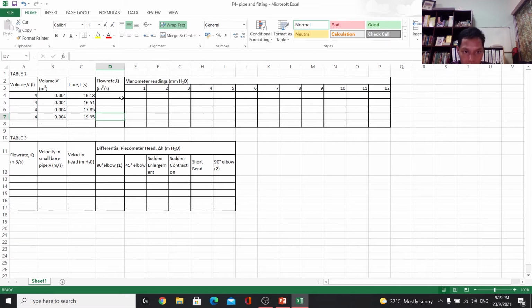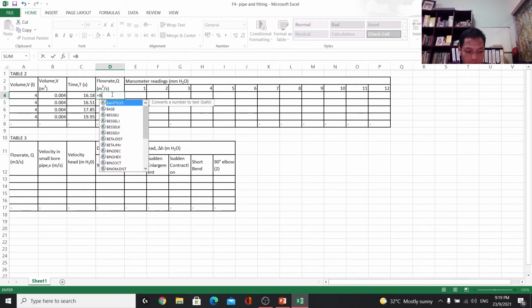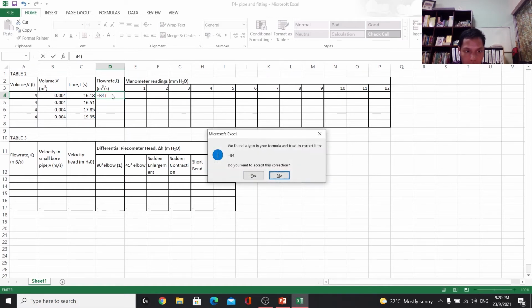Okay, so next is flow rate. The formula for flow rate is volume divided by time, so equal, volume is B4, so we need to close the bracket first.